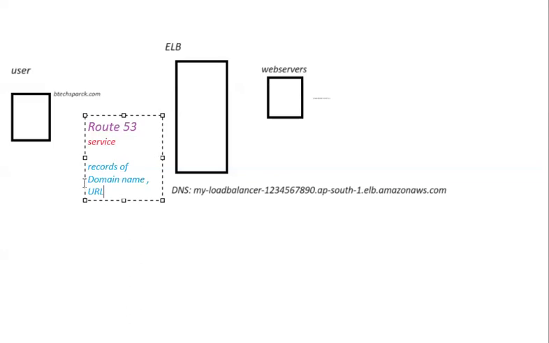That URL must be provided by Route 53 to the server, and then the request will be forwarded to that particular URL. So Route 53 acts the same as my phone book. So it must maintain these two.